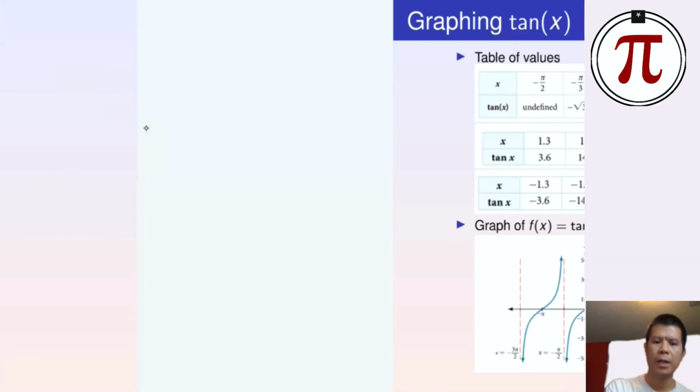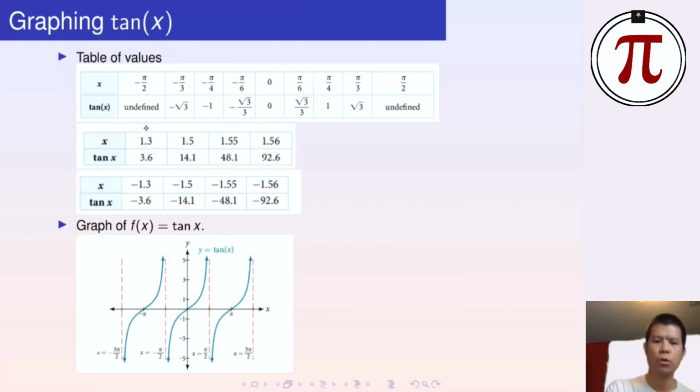Now let's try to draw the graph, graphing tangent x. Taking from special values of x, you can find the sine and cosine and take the ratio. We have done this, so we're not going to do it anymore.